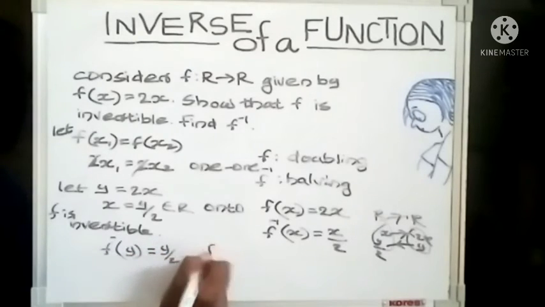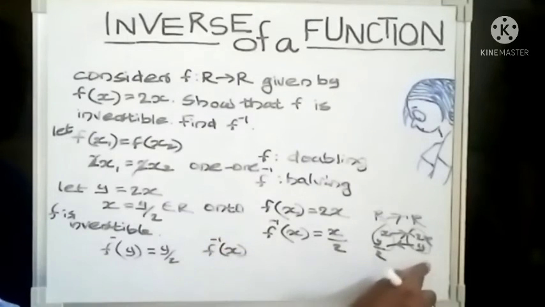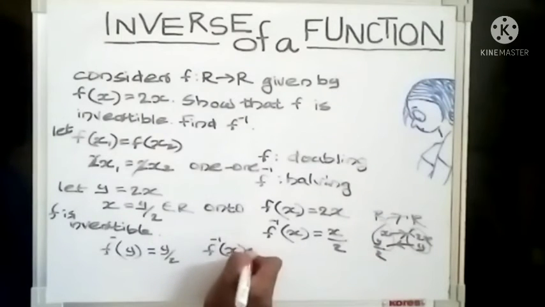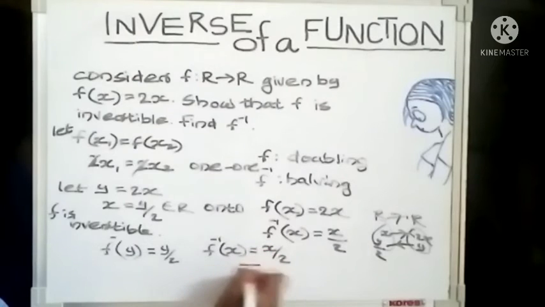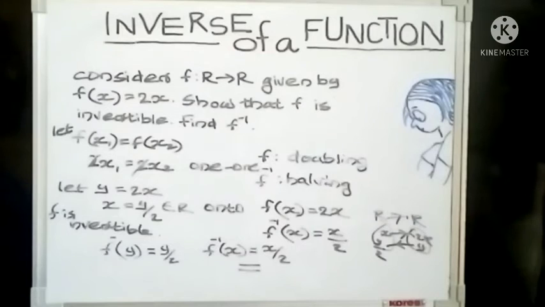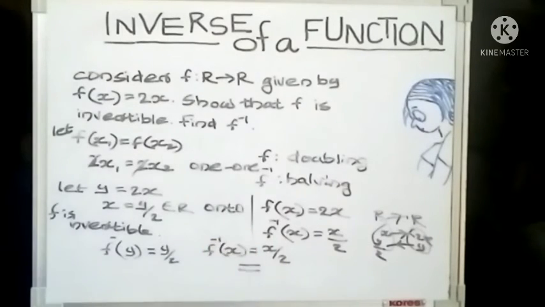Or we can write, if x is the element in the second set, its image under f inverse is x by 2. F inverse of x equal to x by 2. It is the inverse of f.